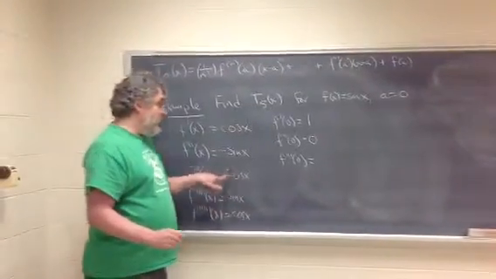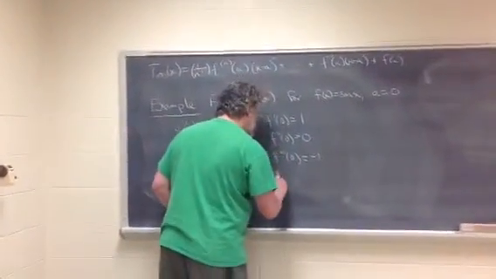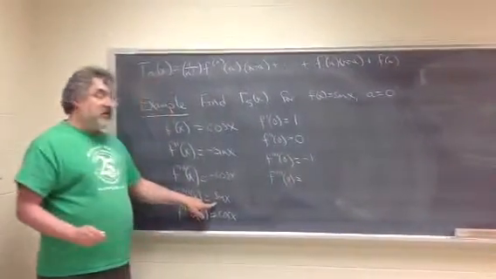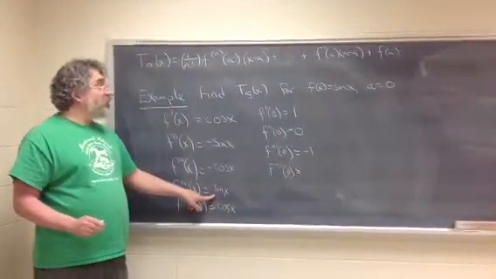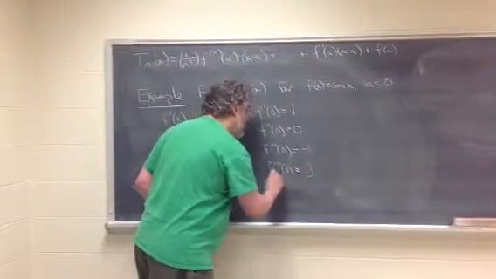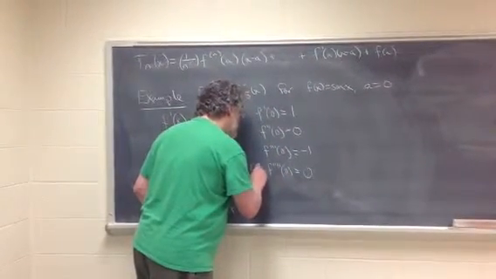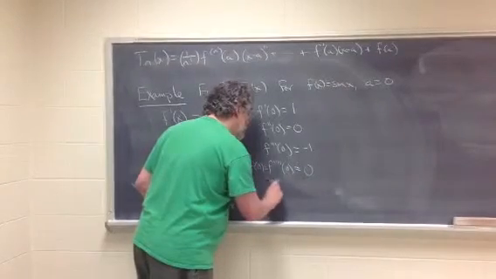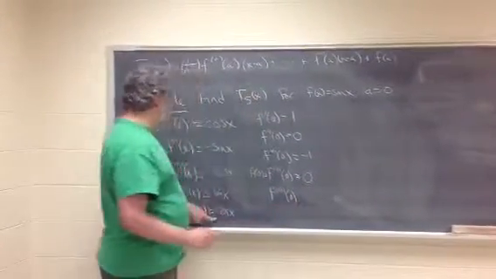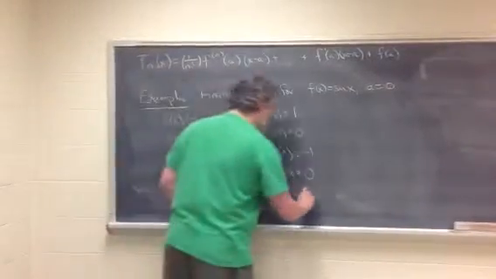You get minus 1. The 4th one, sine. Sine is 0, which is also useful because that means f of 0 is 0. And the 5th one, well, that's the same as this first one, which is 1.